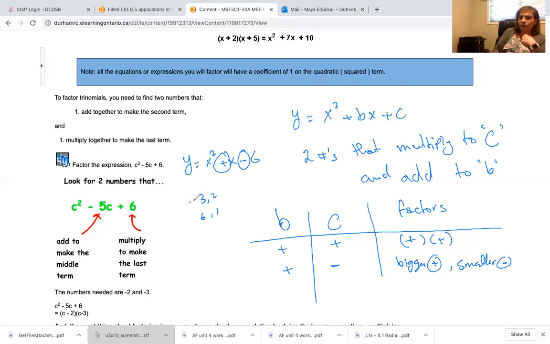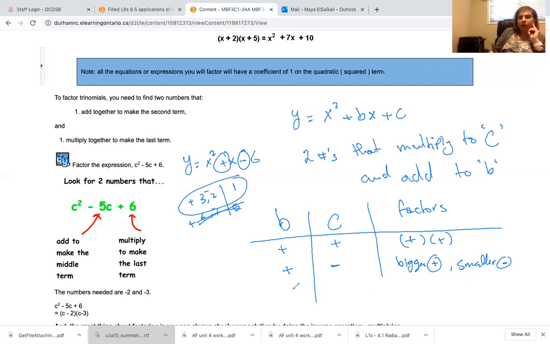Positive, negative, right? So in this case, positive 3 minus 2, that gives me 1. And 6 minus 1, that gives me 5. So 3 and negative 2 is the correct answer. One of your factors is positive, the other one is negative, and the bigger one is positive.